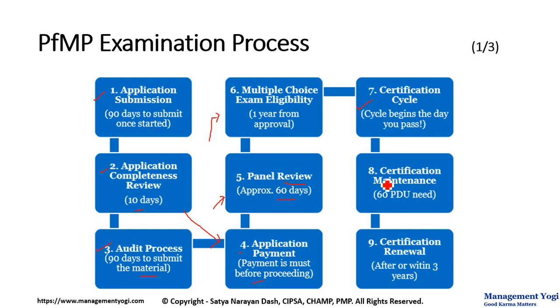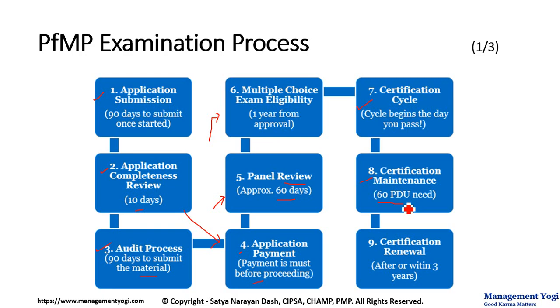In this 3 year cycle, you need to maintain your certification by getting 60 PDUs. PDU stands for Professional Development Unit. Each 1 hour of learning with respect to portfolio management will be eligible to claim for 1 PDU. And this PDU approval can happen online on the PMI portal.